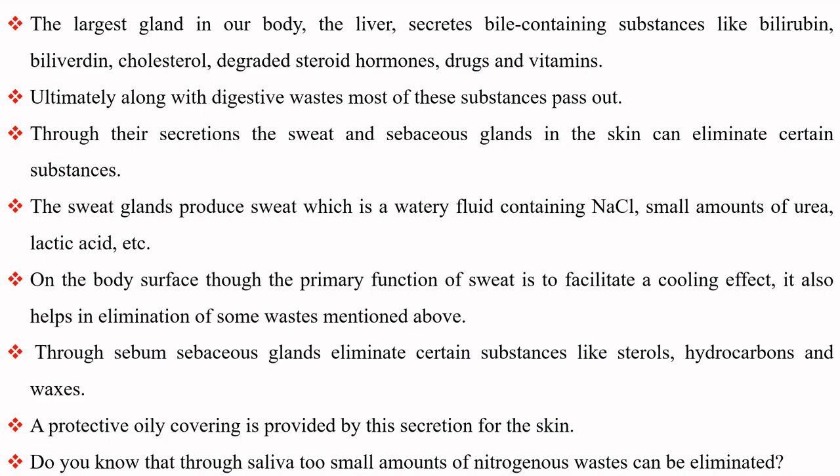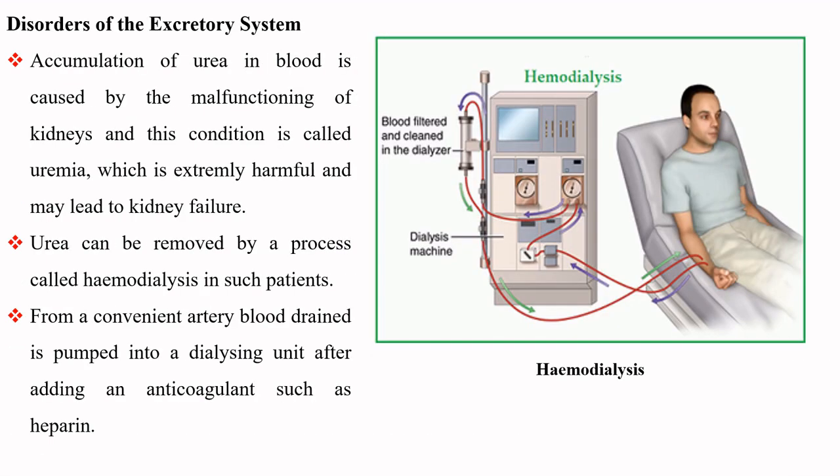It also helps in elimination of some wastes mentioned above. Through sebum, sebaceous glands eliminate certain substances like sterols, hydrocarbons, and waxes. A protective oily covering is provided by this secretion for the skin. Do you know that through saliva, too, small amounts of nitrogenous waste can be eliminated?